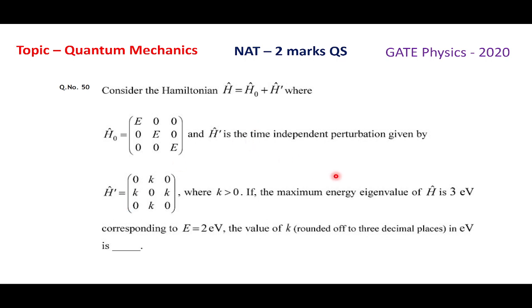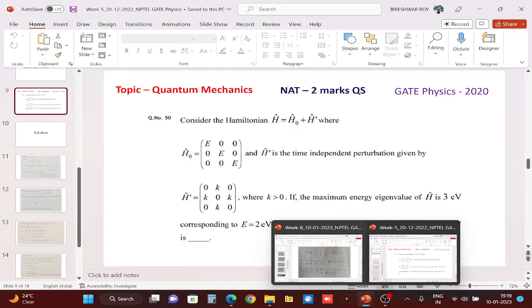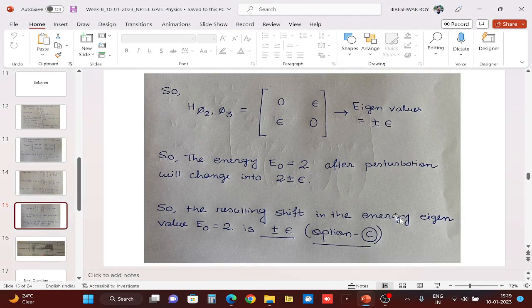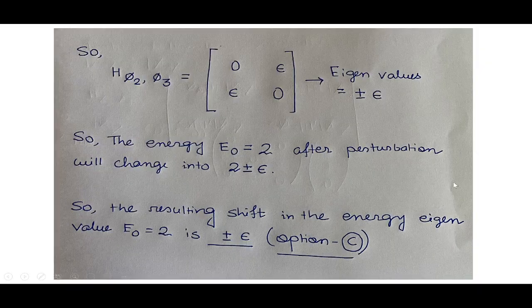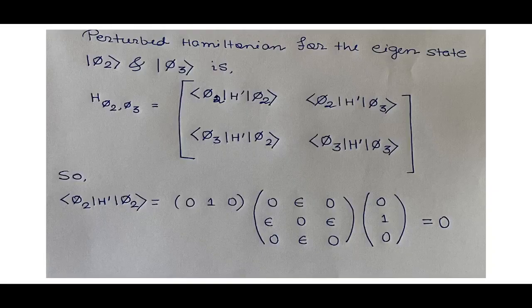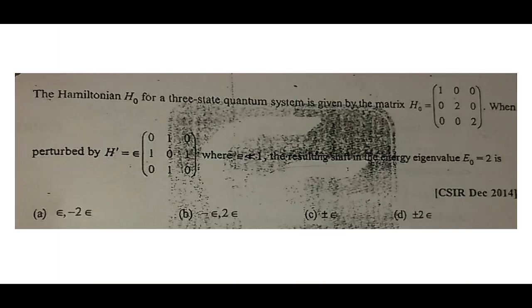But in the other question, you have to specifically deal with the perturbation, because you are not asked the total energy eigenvalue. So that's the difference between the questions, and that's why I wanted to discuss this. When you are asked for the shift in the energy, it's better to deal with the perturbation. Okay, got it.